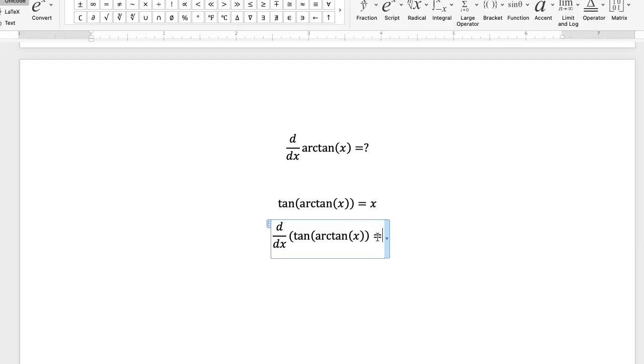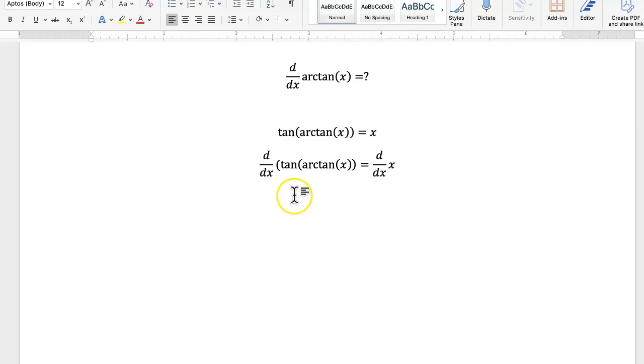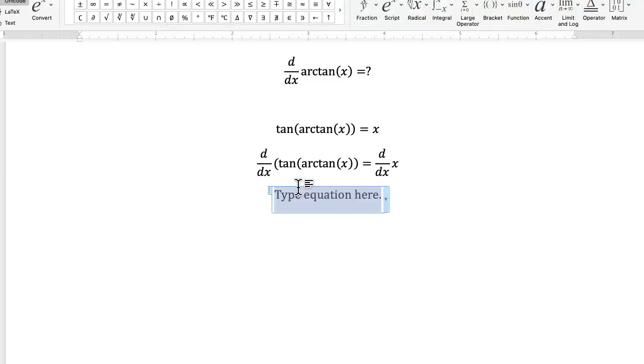And the derivative d/dx of x, of course, is going to end up being just 1. All right, so now we have the chain rule. We're going to use the chain rule on this. What's the derivative of the tangent?